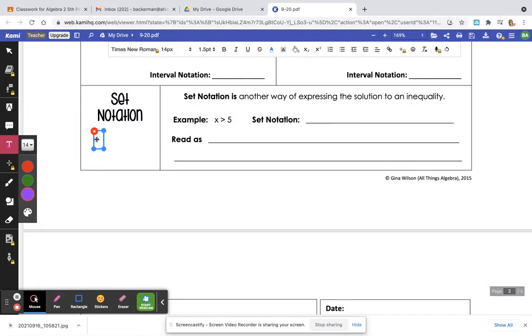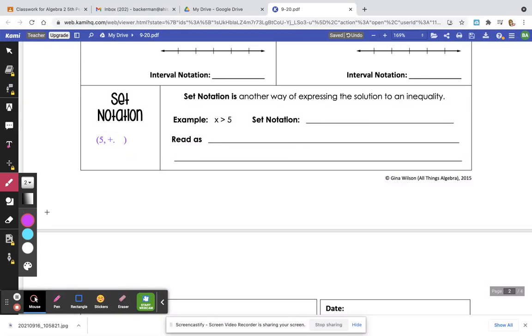So we have a parenthesis because 5 is not included. And then I have positive infinity. Okay, and I can't write an infinity, so I'm going to use the pen. And that will be a parenthesis as well. Okay, so that would be interval notation.